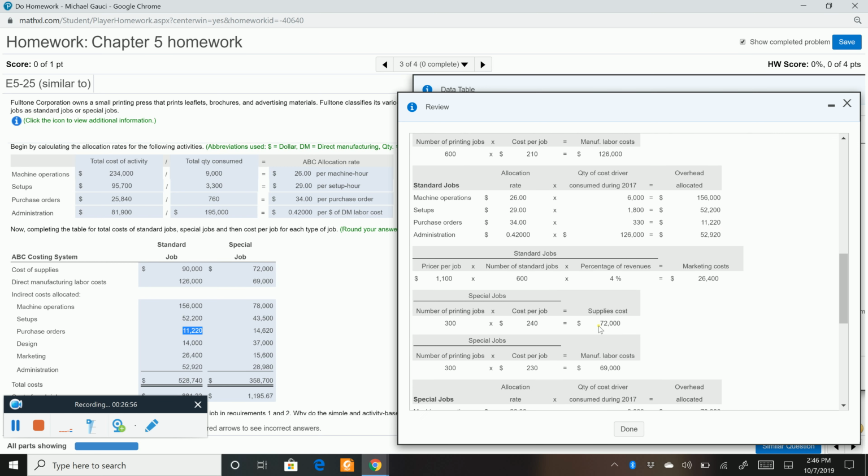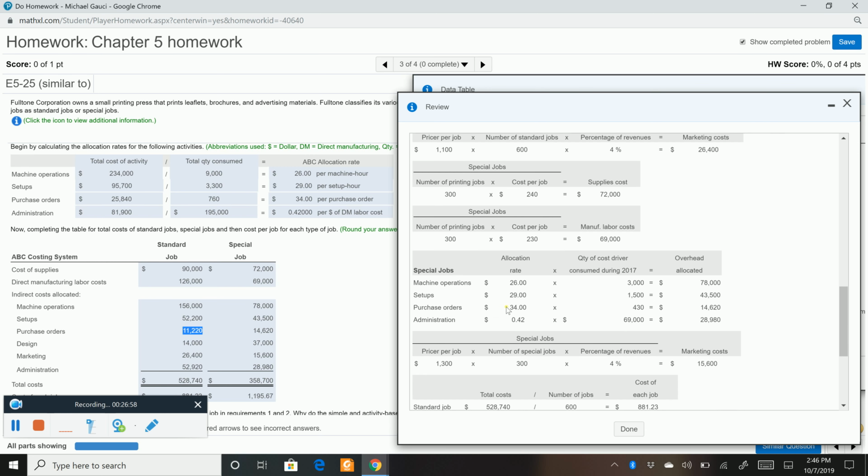And for the special jobs, there's your $34 allocation rate, and there were 430 purchase orders, or a total of $14,620.